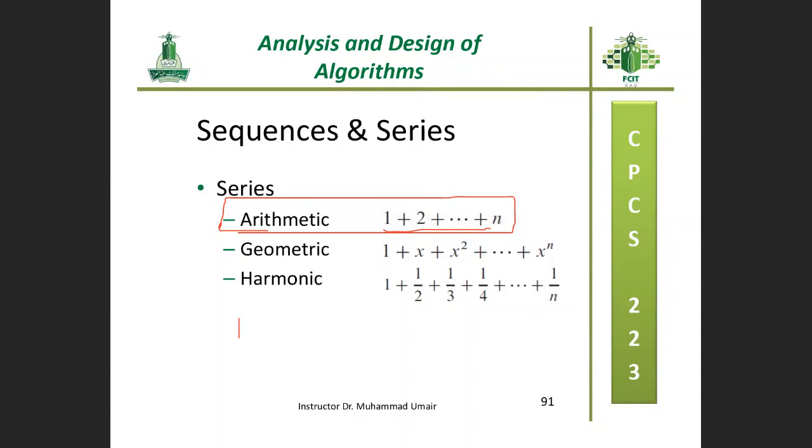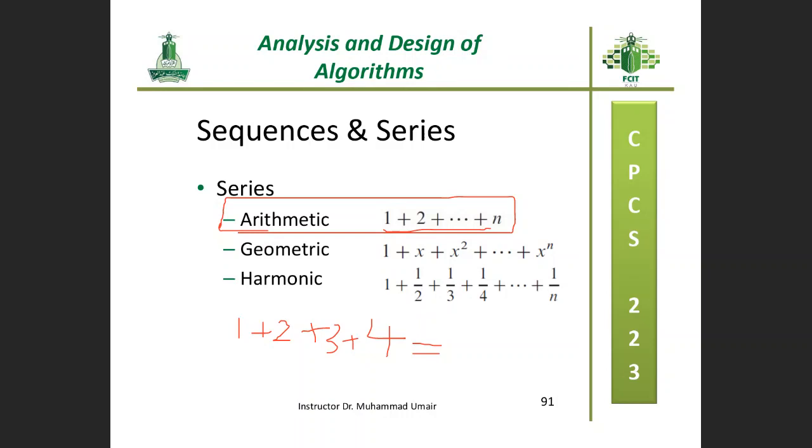For example, if I want to calculate the sum of 1 plus 2 plus 3 plus 4, how will you calculate it? One way is with sigma n. No, someone else? That is a representation.